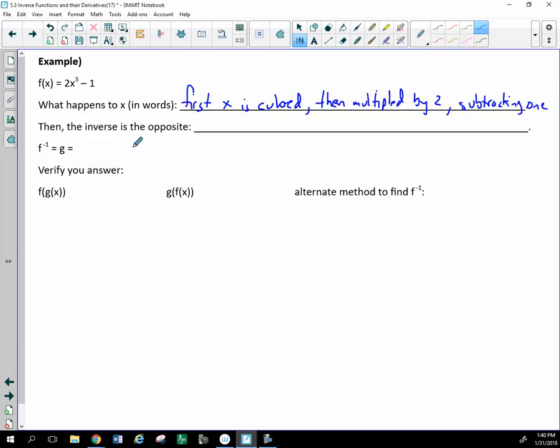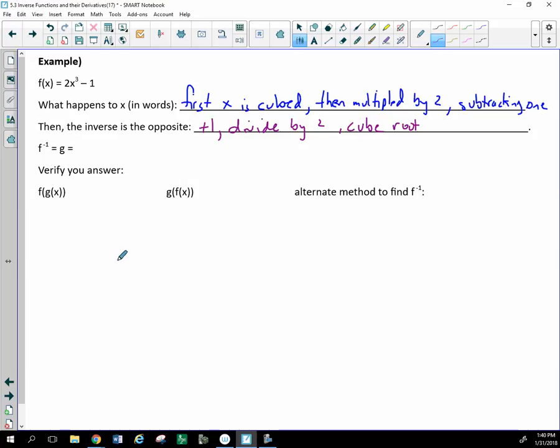The inverse is the opposite, and so in the order we would go, we would add 1 first, then we would divide by 2, and finally we would take the cube root. And so that is what we're doing when we're doing the opposite.